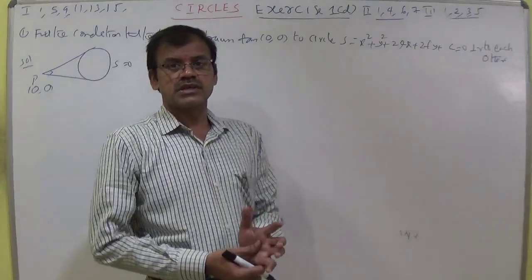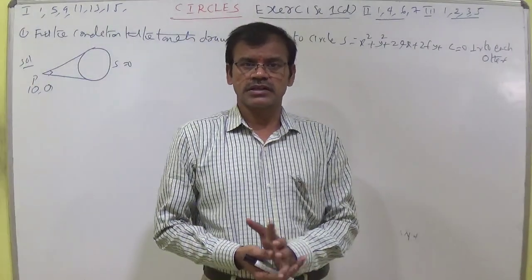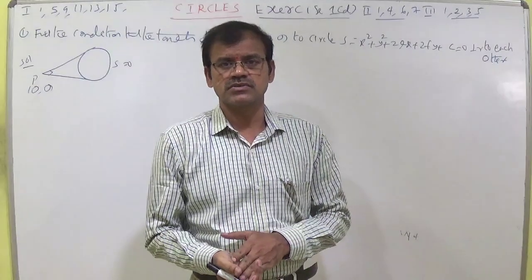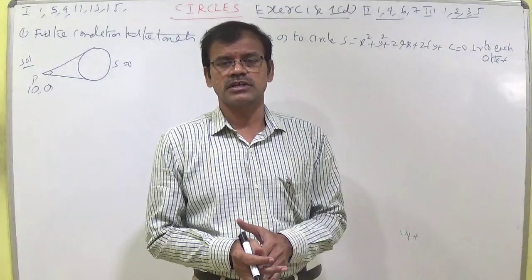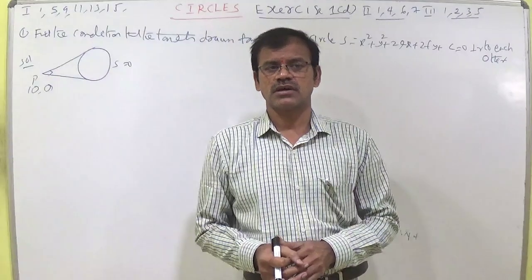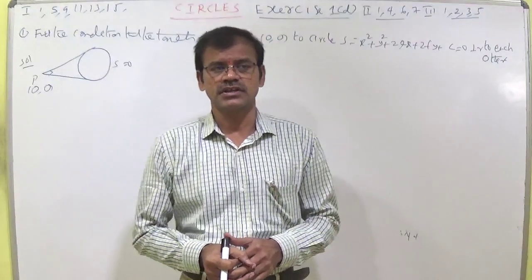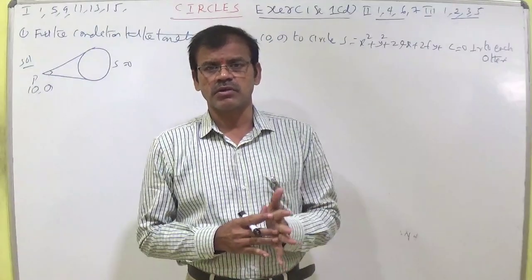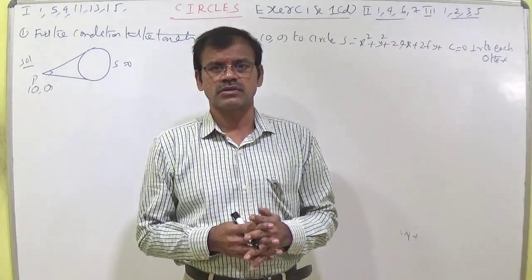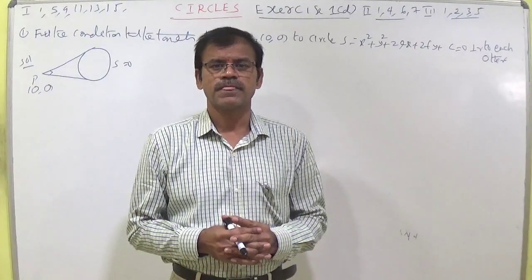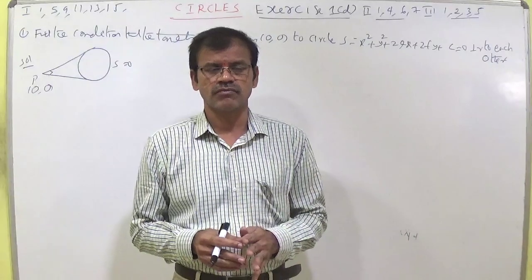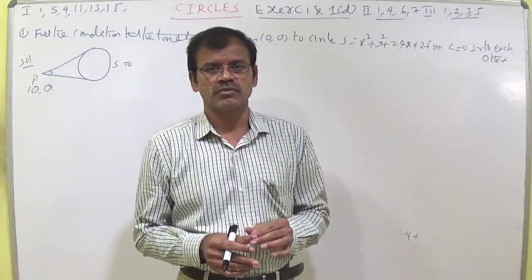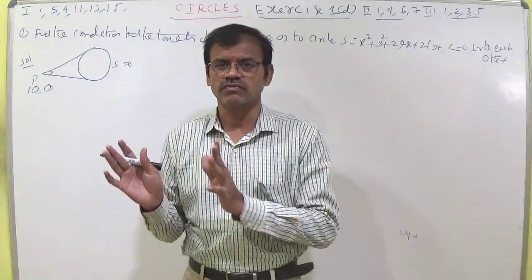Plenty of times we discussed that the angle between tangents of a circle is tan theta by 2 is equal to r by root s11. Whenever the tangents are perpendicular, theta is equal to 90 degrees. So tan theta by 2 becomes tan 45, which is equal to 1. Then 1 is equal to r by root s11 and r is equal to root s11. We can say directly r square is equal to s11.